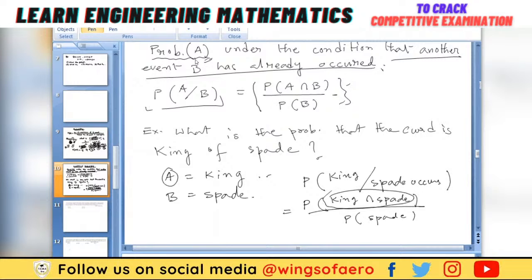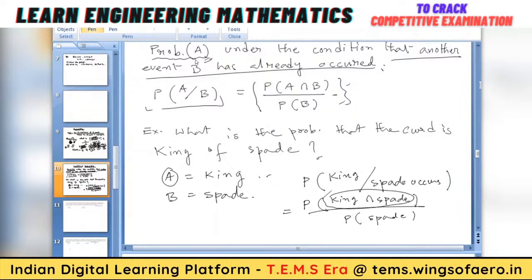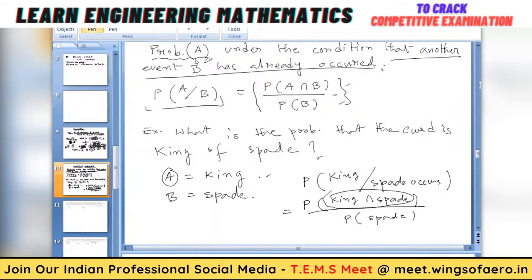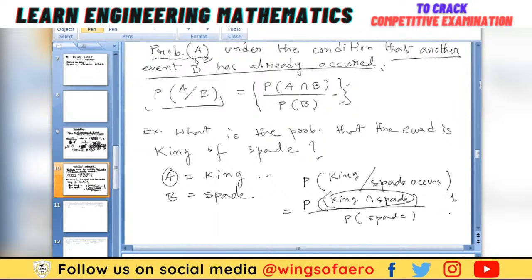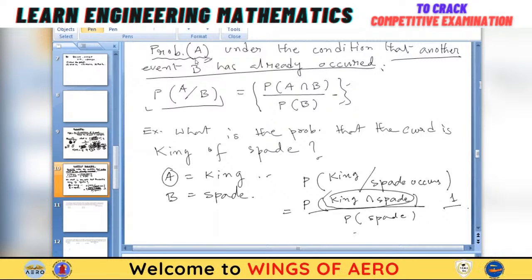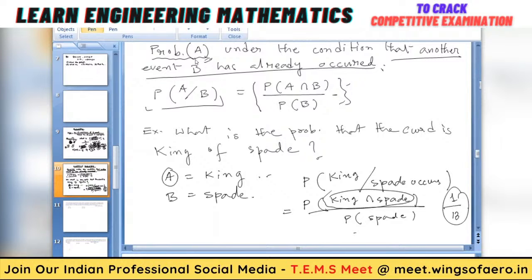How many kings are there in spade? Only one king. There are four suits: spades, clubs, hearts, and diamonds, and each suit has one king. So king intersection spade is 1, divided by probability of spade. How many spades are there? Obviously 13 spades. So 1 by 13 is the right answer.